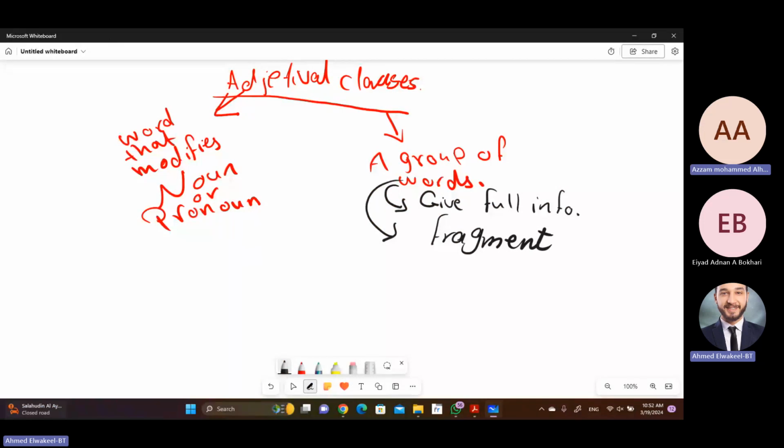But teacher, adjectival clauses cannot stand alone, right? That's it. So you get the point. An adjective alone is a word that modifies a noun or a pronoun. The clause itself is a group of words that can give you a full meaning or they will be a fragment, cannot stand alone.